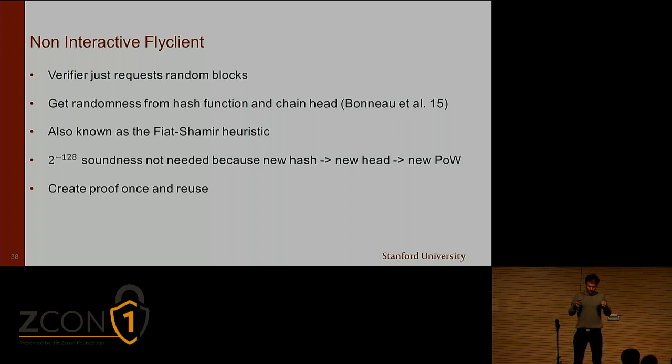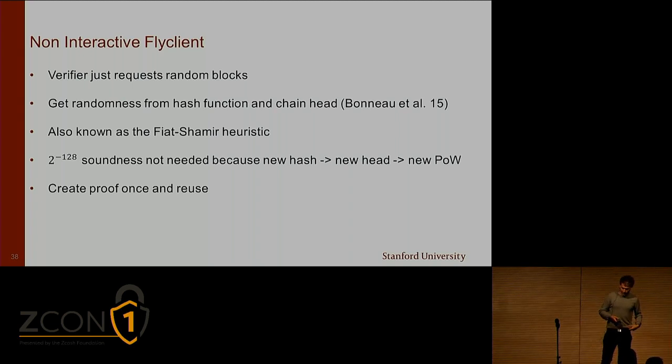And what we can do is we can simply get the randomness from a hash function applied to the chain head, and so get this randomness not from a verifier, but from some public source. This is also known as the so-called Fiat-Shamir heuristic, which is a very classic tool in proofs.